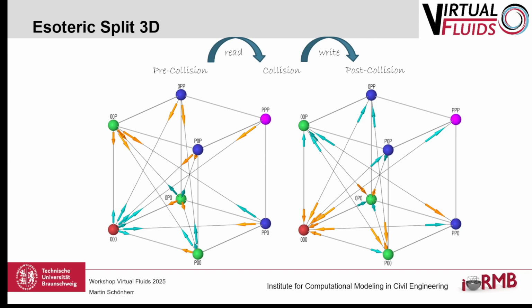This works very well already with the grid refinement, because for the grid refinement we also only need neighbors in a certain direction, since we use these boxes. But if you want to have particles and you want to go backwards, then you can also reconstruct all the neighbors by going in exactly the opposite direction.